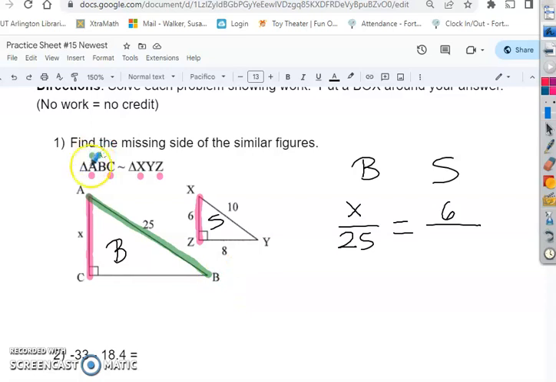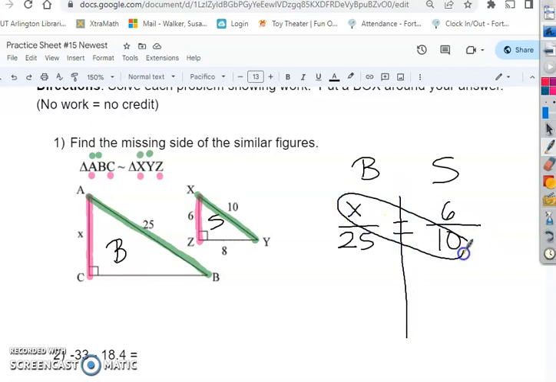AB is the first two letters, which means the first two letters for this triangle, XY. We already knew it, but if the shapes are flipped or rotated, sometimes it's hard to tell. So 25 corresponds with 10. Your job is to cross multiply this.